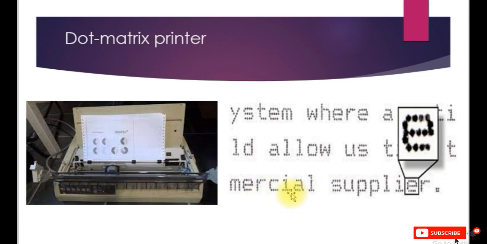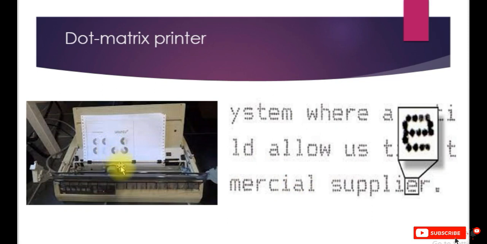So this is really a limitation to this printer, that they do not produce the best of print work, and they certainly do not do graphics to any great degree of perfection, should I say. So this is the dot matrix printer.